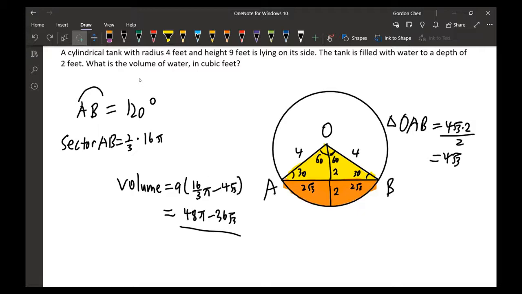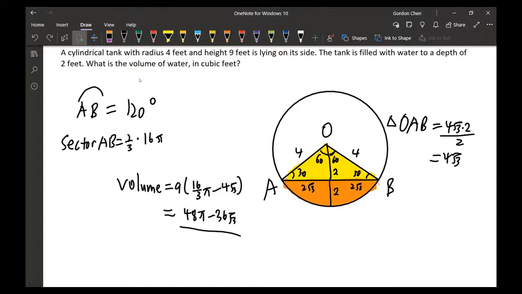So we first take the vertical cross section, and so we have the cylinder becomes a circle, and there's no height, and the radius, which in the diagram is OA and OB, is 4.